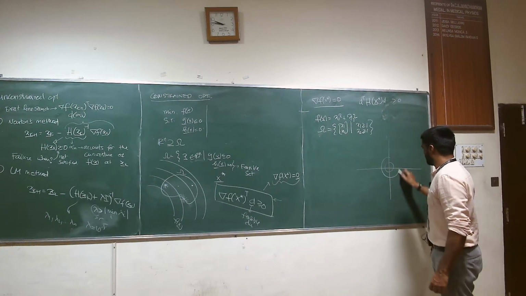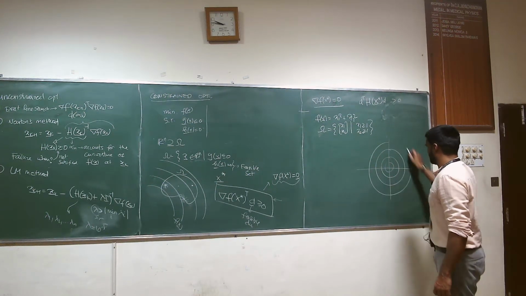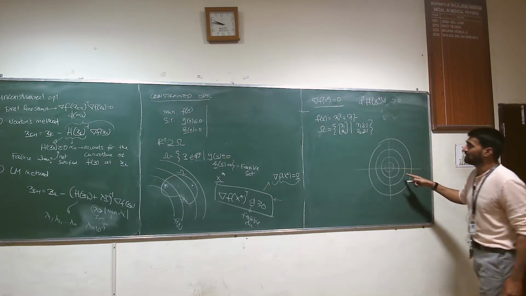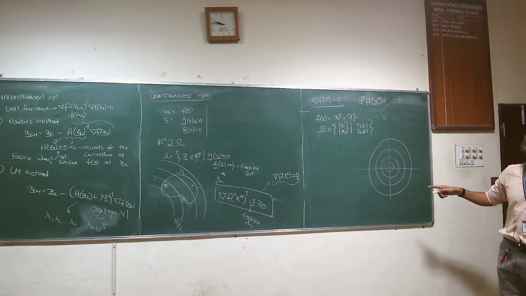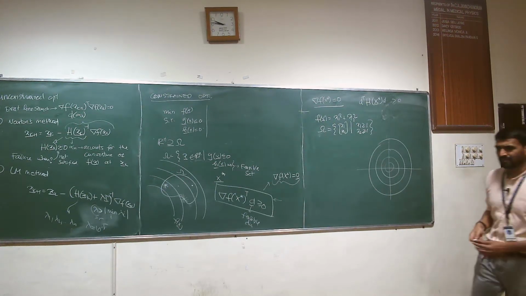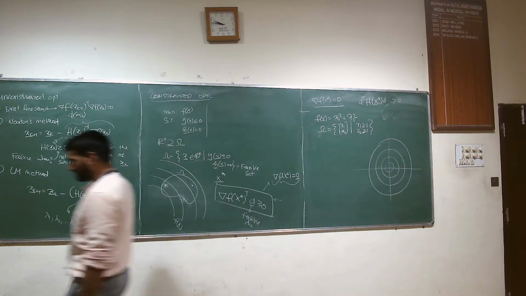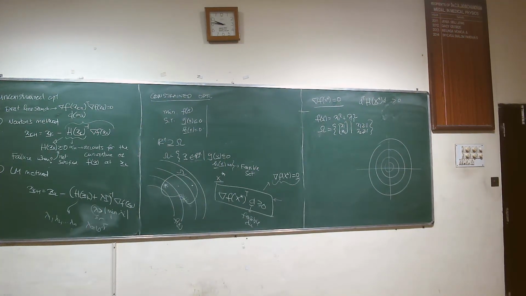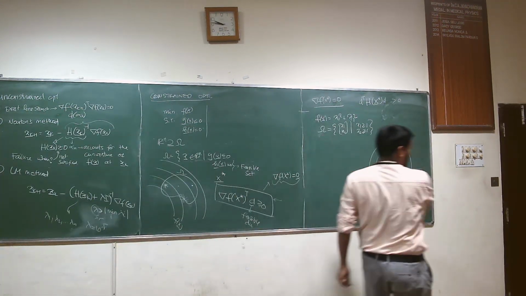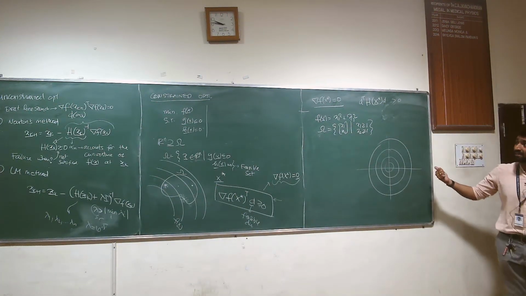Where is our feasible set? Well, this is a feasible set. Geometrically, where is it?